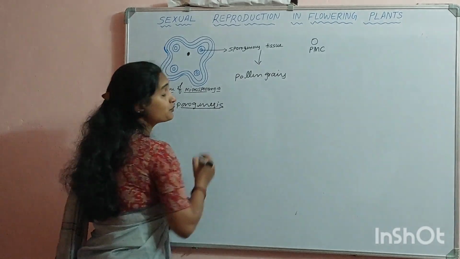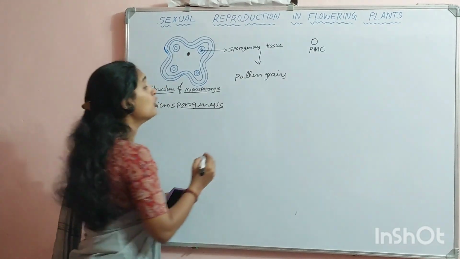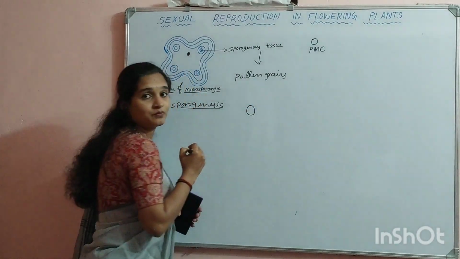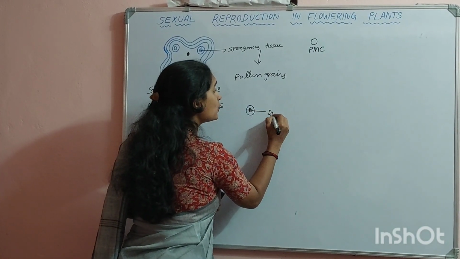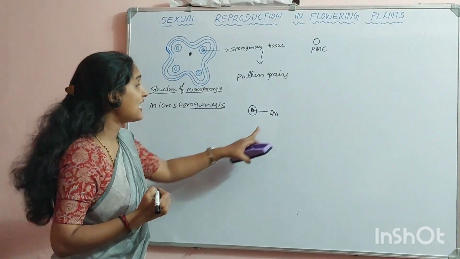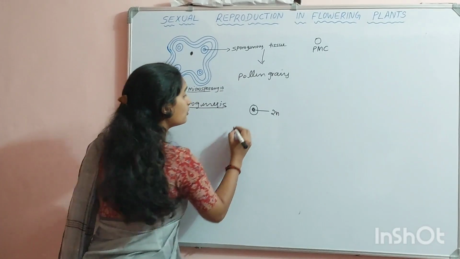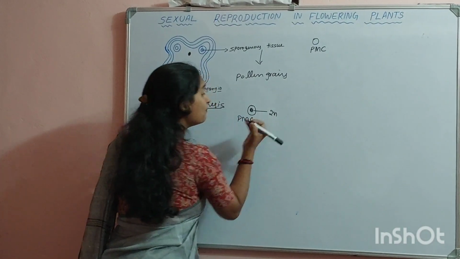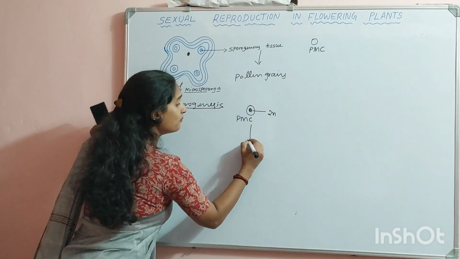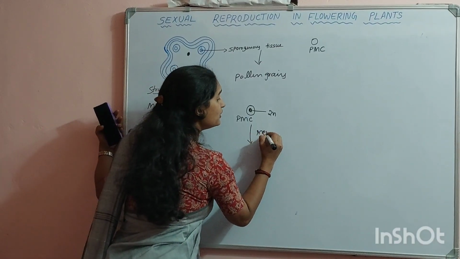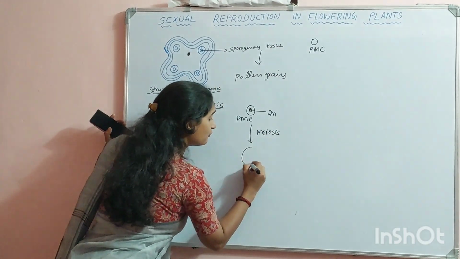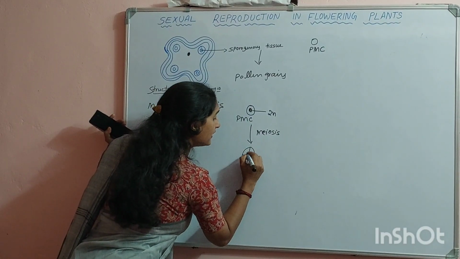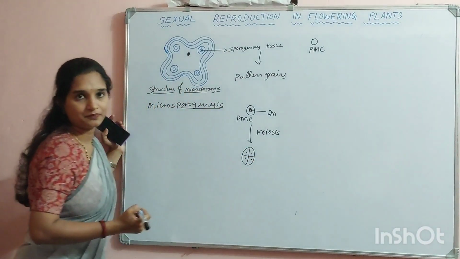And these microspores are formed from pollen mother cells. The pollen mother cell is 2n, meaning diploid. It has 2n number of chromosomes. This pollen mother cell undergoes meiosis type of cell division, resulting in the formation of a microspore tetrad.